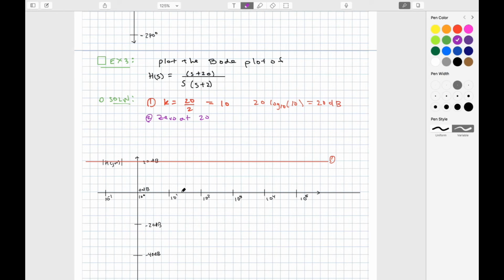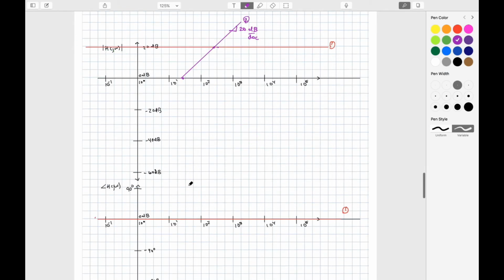And so 20 to the 1 is located somewhere around here. And so starting at that point, this 0 is going to go up at plus 20 dB per decade. So let's go ahead and draw this in, and it's going to go up in this fashion. So this is plus 20 dB per decade.